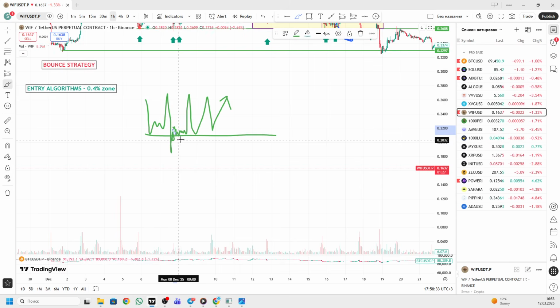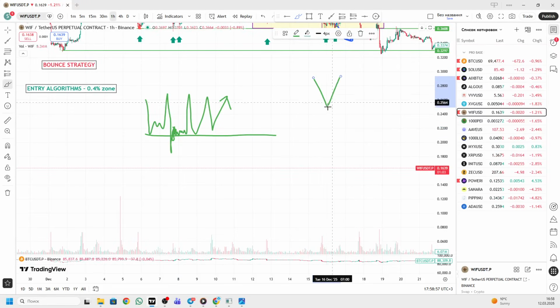Those little needle touches are also a confirmation that the level is alive. You have to notice it. There is such a thing as the strength of levels. Okay, so for example, there is a break of structure only. Let me draw it one more time.